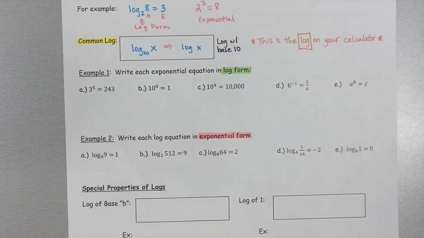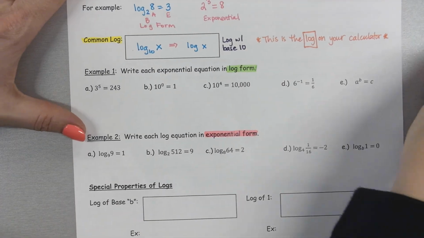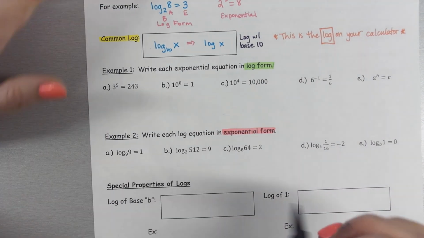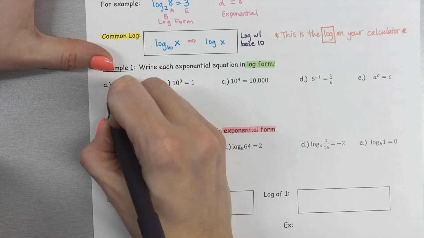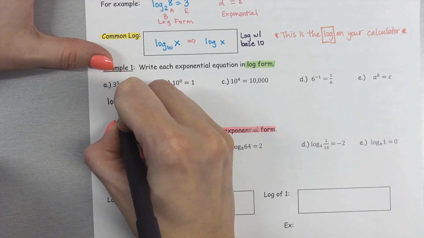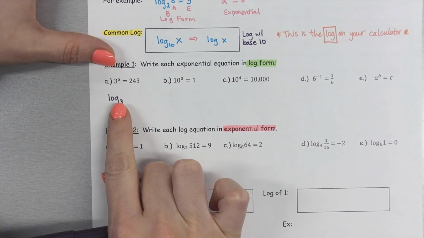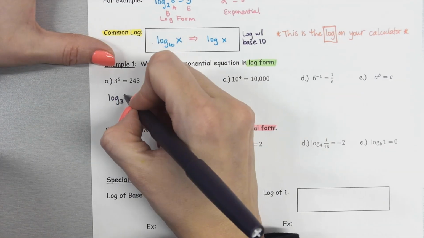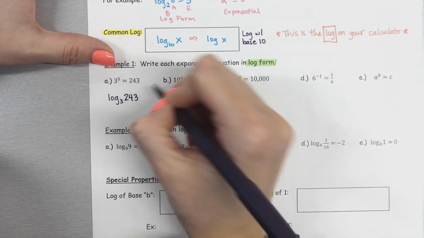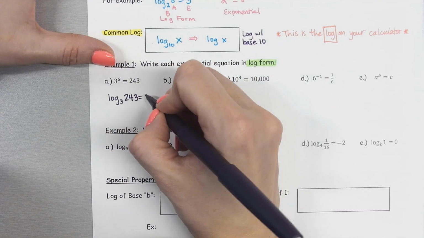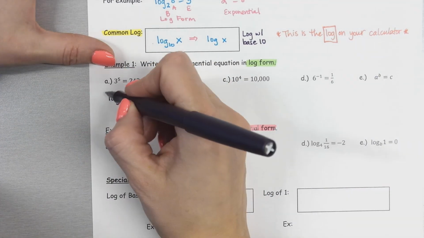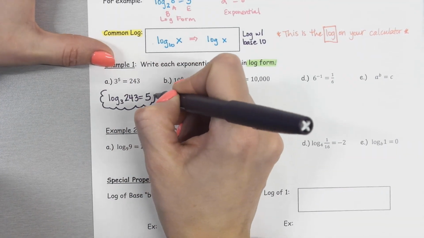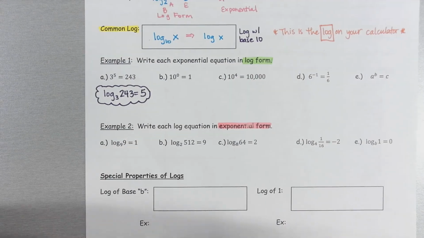For the first one, when you are writing this, just make sure that your log base is a subscript below here. So it's log base 3 of 243 is equal to 5. And that's it. You're just rewriting it in that form.